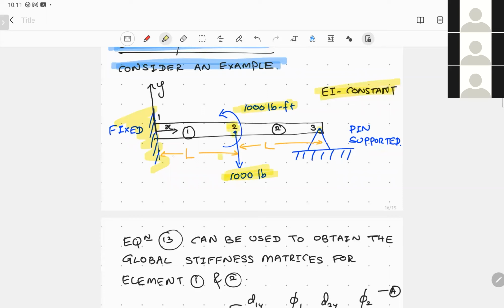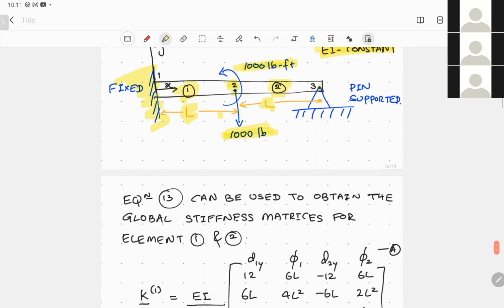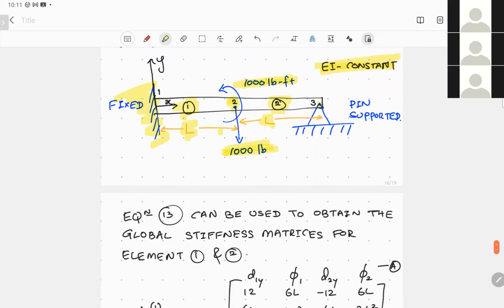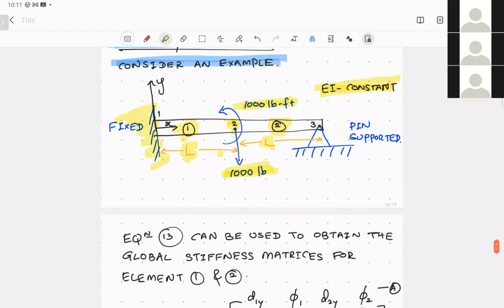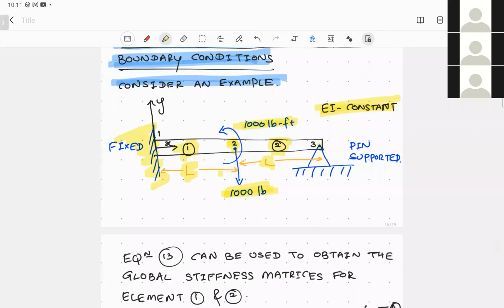So we define this total beam using 3 nodes, 1, 2, and 3, and we consider it to have 2 elements, the first element and the second element, each having a length L. So if you know these boundary conditions, now try to obtain the element stiffness matrix.